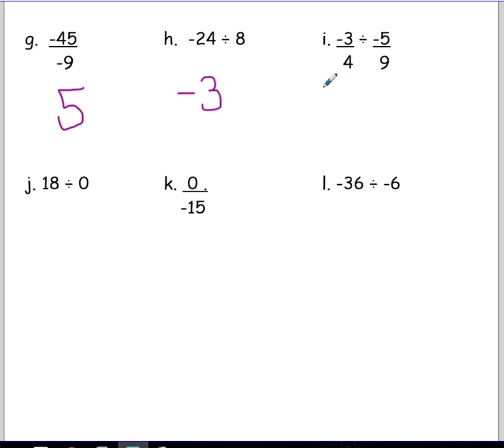For I, we need to flip our second fraction so we can multiply. So negative 3/4, we're going to change it to times, and let's put our 9 over negative 5. When you have a negative sign in a fraction, there's actually 3 different ways that I've seen it written.